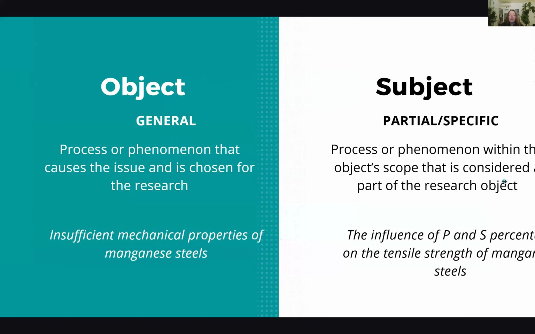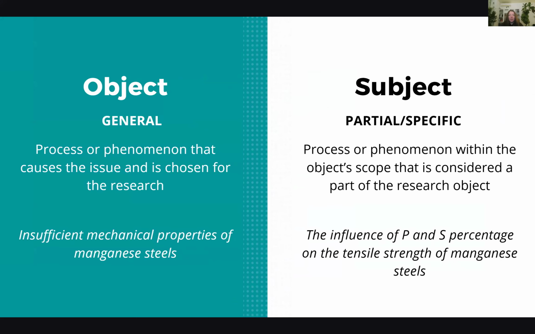So what's the difference between an object and a subject? Object is something general. It's a broad process or phenomenon that causes the issue and is chosen for the research. It's a broad description of a problem you want to solve.